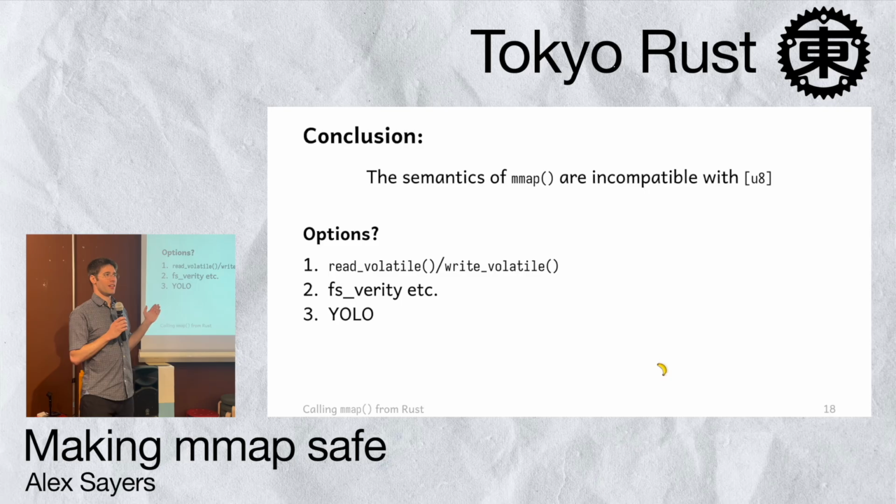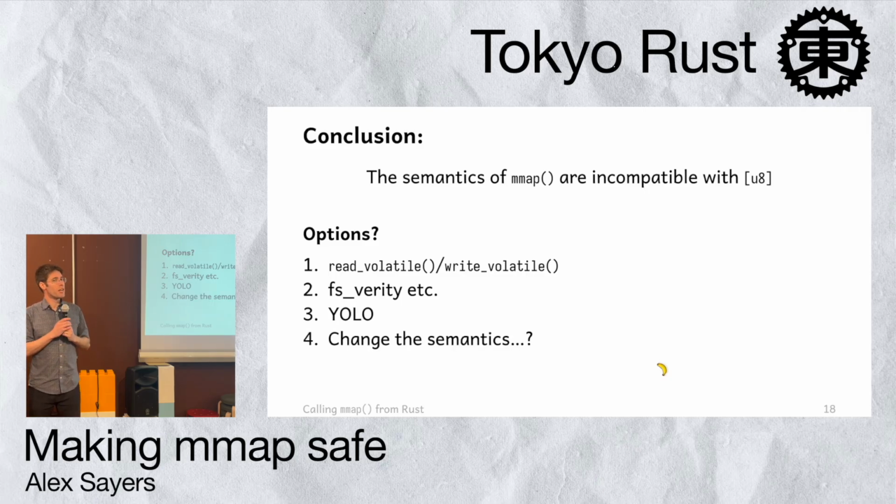You can't make a library that wraps mmap in unsafe and then exposes it through a safe interface and then throw that up on crates.io. Then your library is just unsound and no one should use it. Not pointing any fingers, mmap3. Okay, or fourth option, maybe we can change the semantics of mmap.